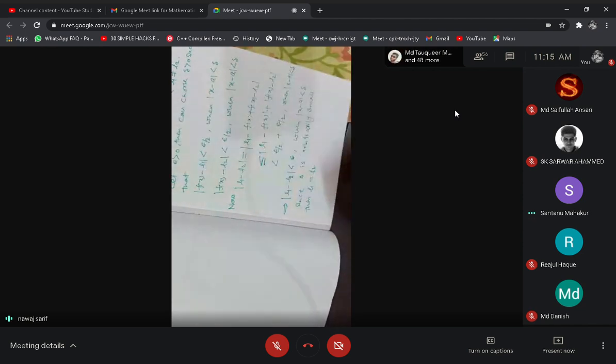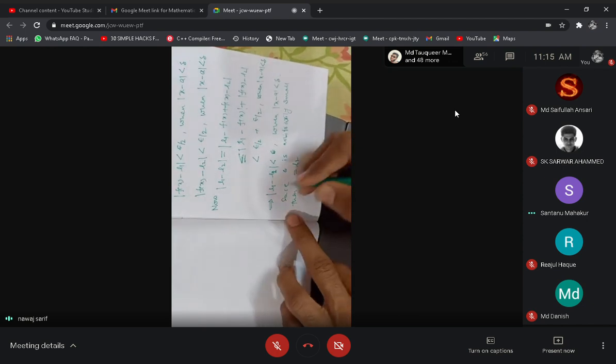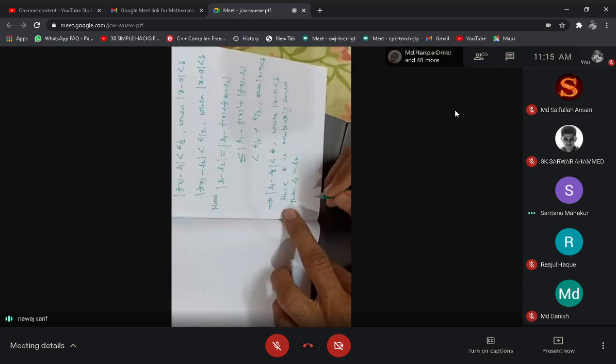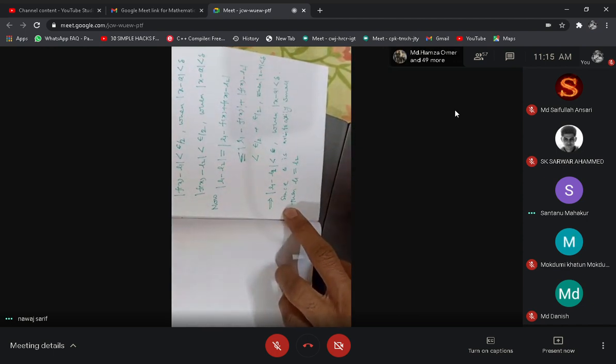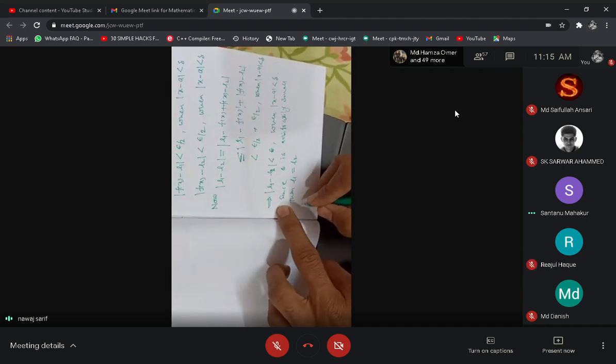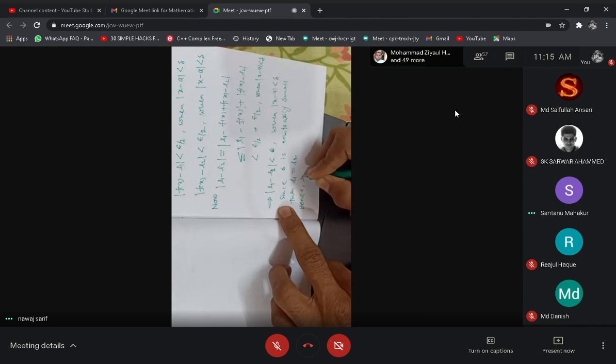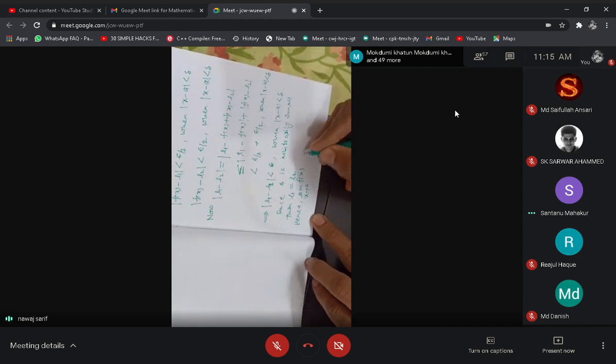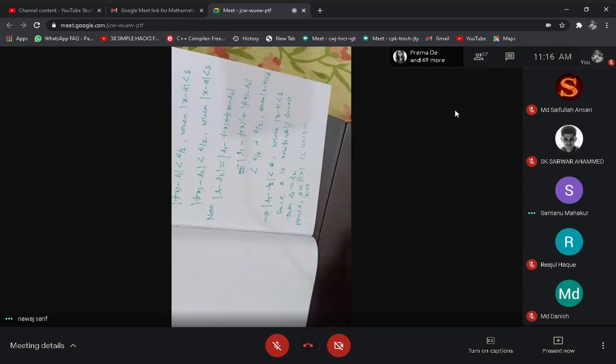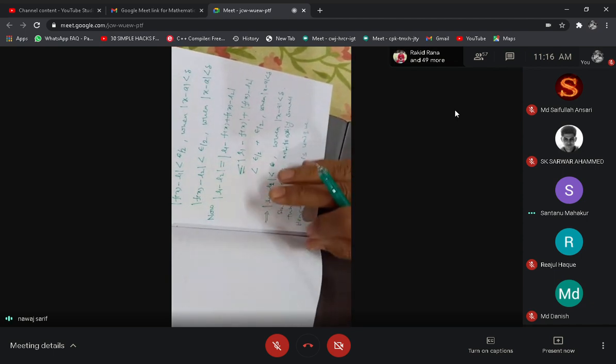So what will be right? That means the limit is unique. Hence, limit x tending to a f of x is unique. Okay, do you understand?